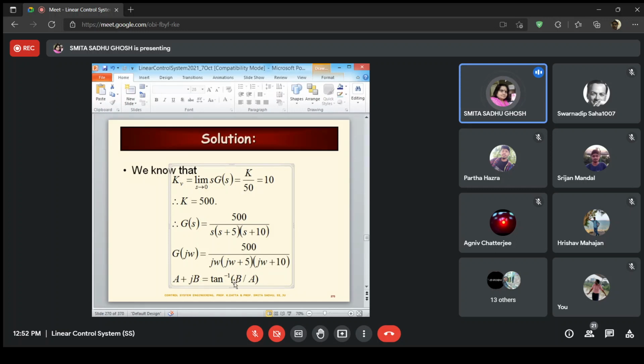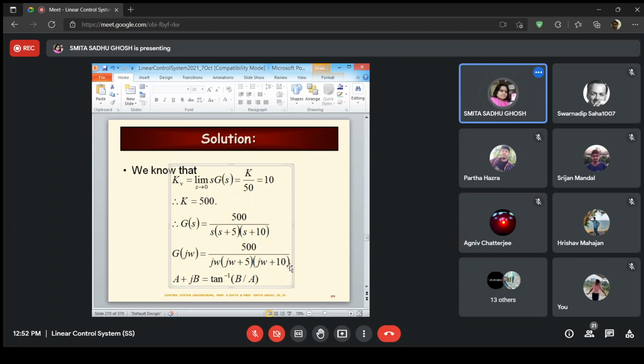So 5 plus j omega will be how much now the phase contribution will be? If I just look at the 5 plus j omega, it would have been tan inverse of omega by 5. But because it is not 5 plus j omega, but 1 by 5 plus j omega, so the phase contribution will be minus of tan inverse of omega by 5. Isn't it so? Right? So from this term, that is j omega plus 5, the contribution to the phase is minus tan inverse of omega by 5.